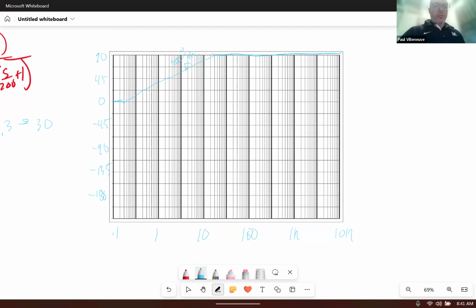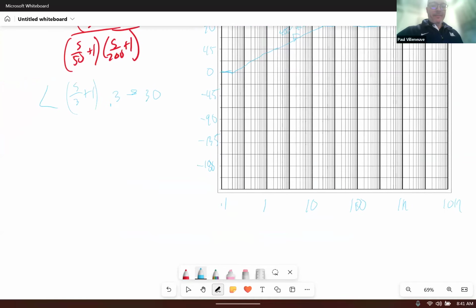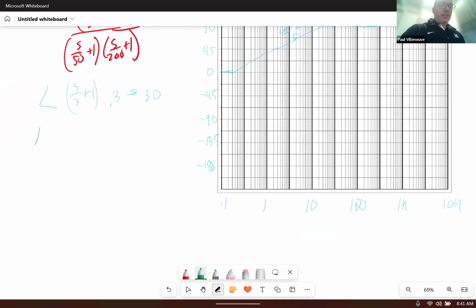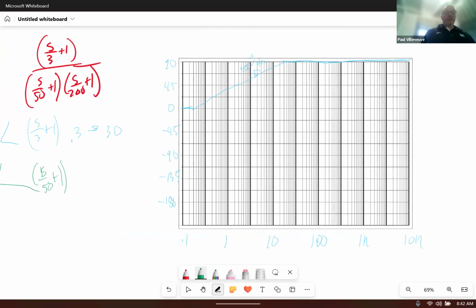Now the next one was green, I believe. I think it was that color green. So this is the angle for S over 50 plus 1. Same deal. It starts out at 0, and it stays at 0 until it hits 5. 2, 3, 4, 5. Then it goes down at 45 degrees per decade.